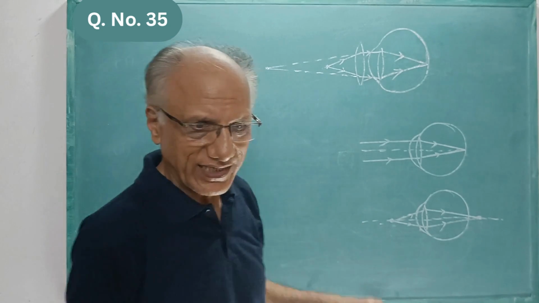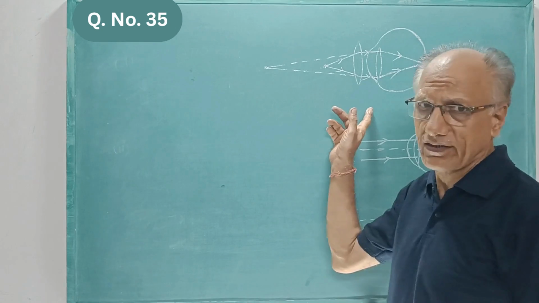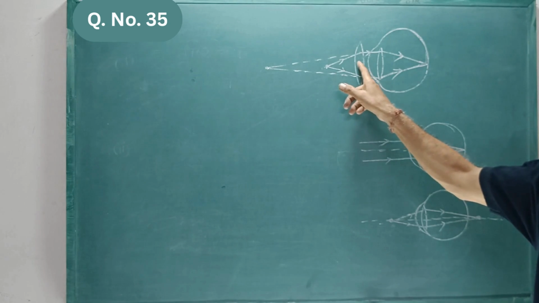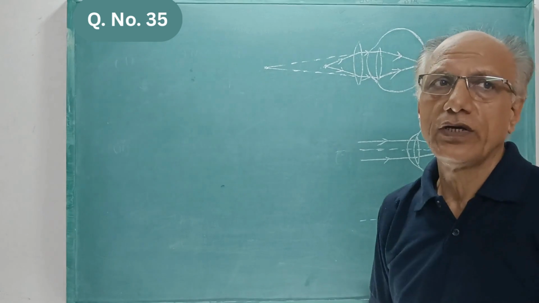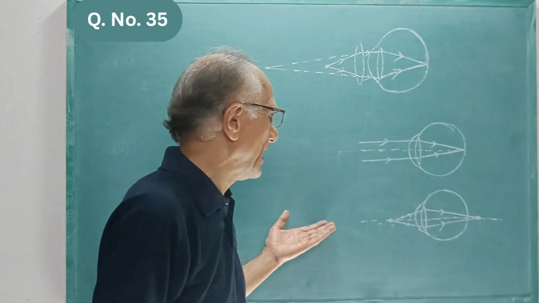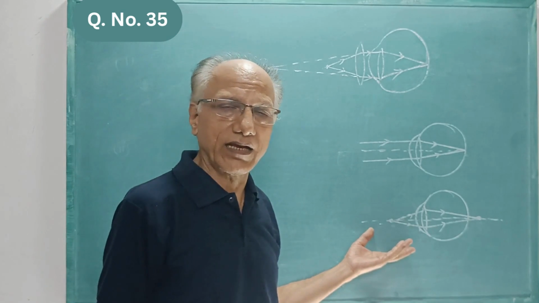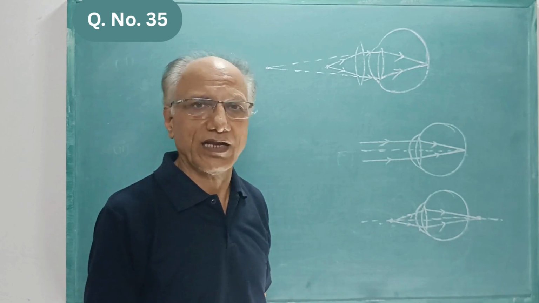So you have to identify the defect and by which lens it has been corrected. And the second part, you have to show the defect with the help of a ray diagram. That means you have to redraw the ray diagram showing what exactly the defect is.